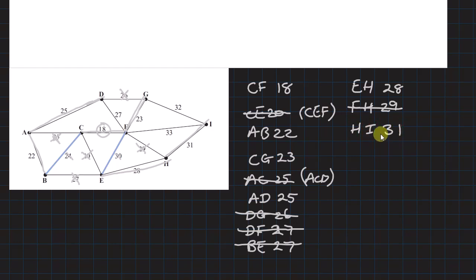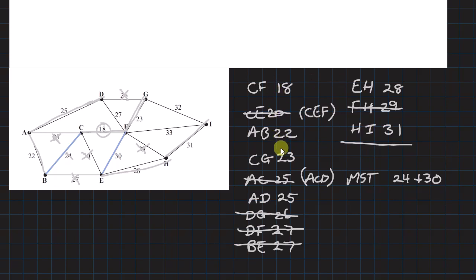So my graph is now connected. I don't need to actually connect any more points on. So that's the end of the graph. So the minimum spanning tree is actually the 24 and the 30 plus this new total.